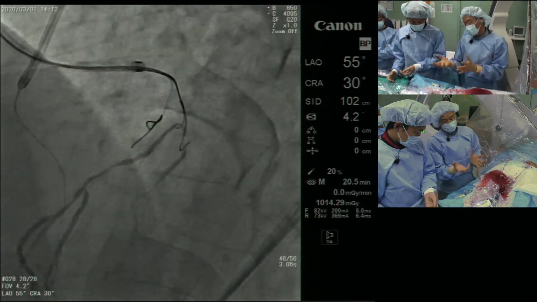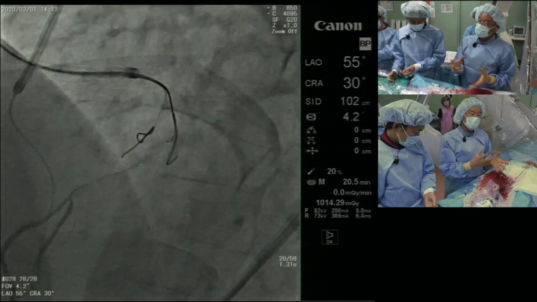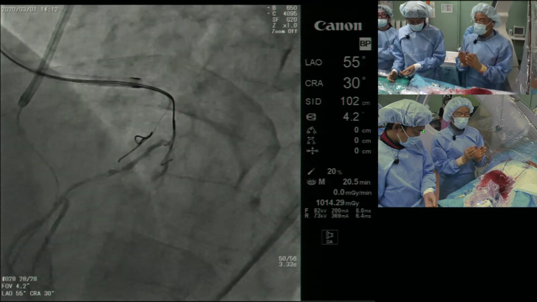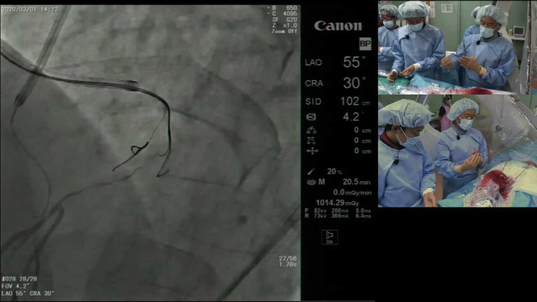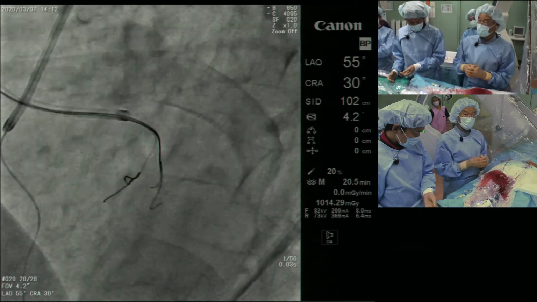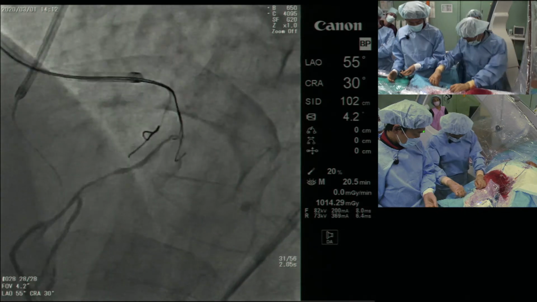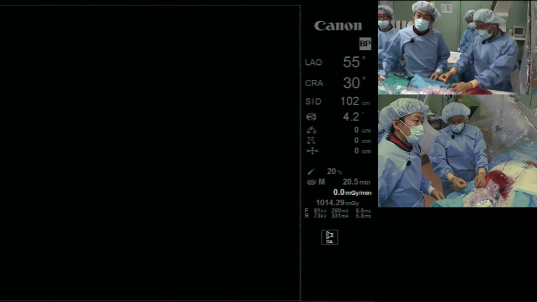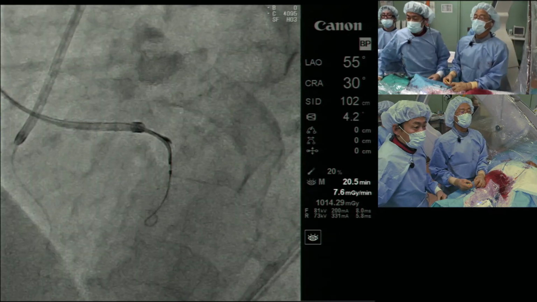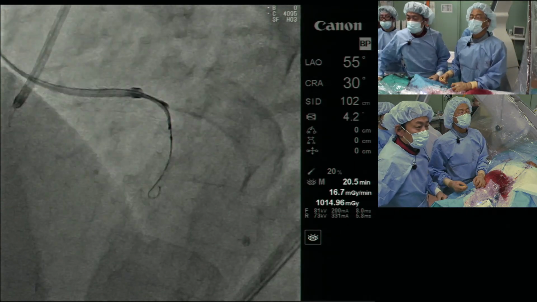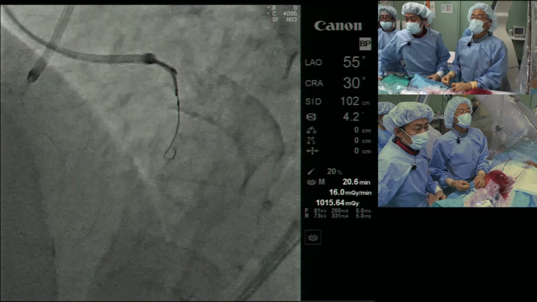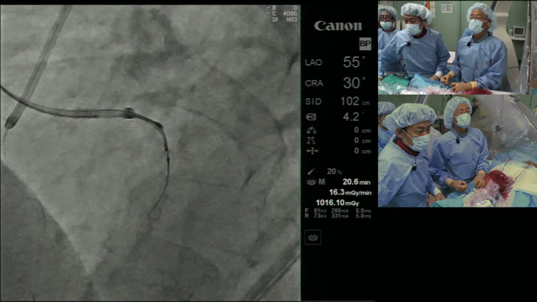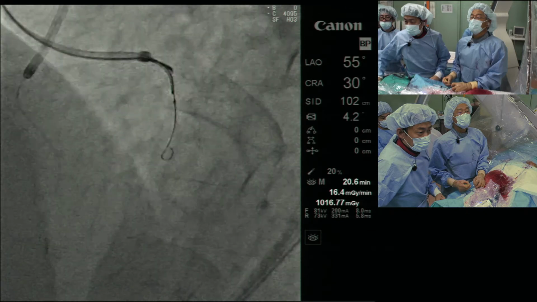So we need a very sharp guide wire to get into the tissue. So for that purpose, the Gaia Next is better than the conventional wire. Yeah. How about the Conquest Pro 28?